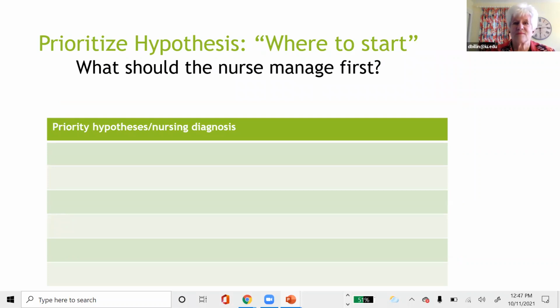Where to start, what should the nurse do first? This is one action step, one hypothesis to come up with first, so this should be quick. Analysis or nursing diagnosis, or whatever you want to call this. Quick post on that.